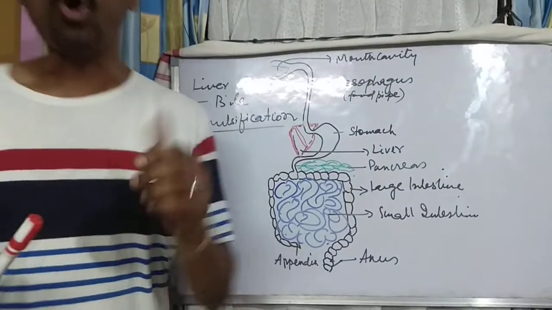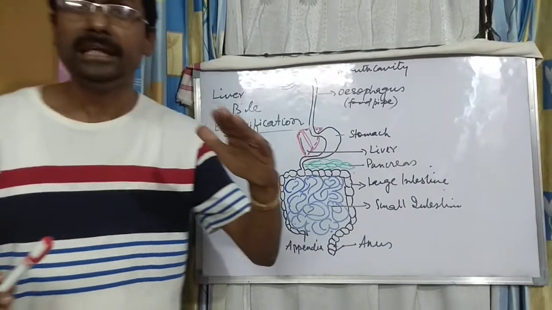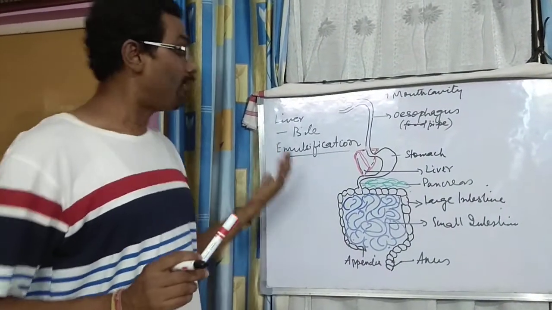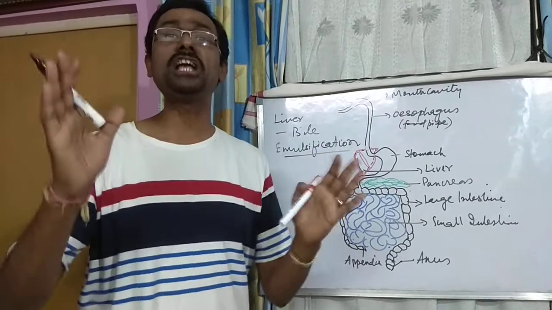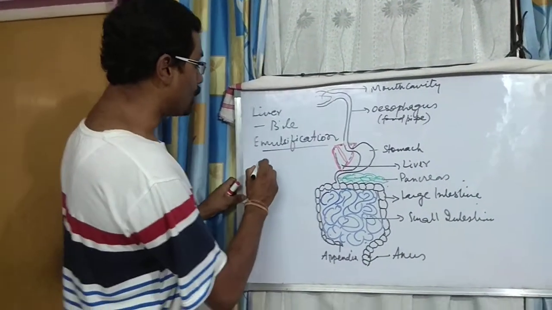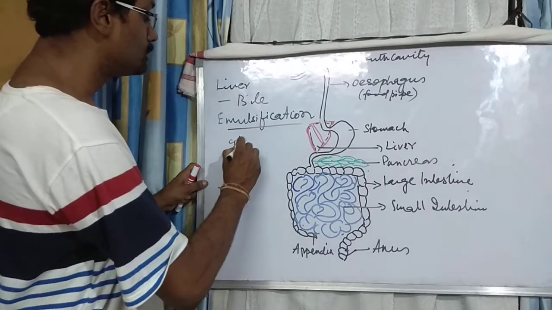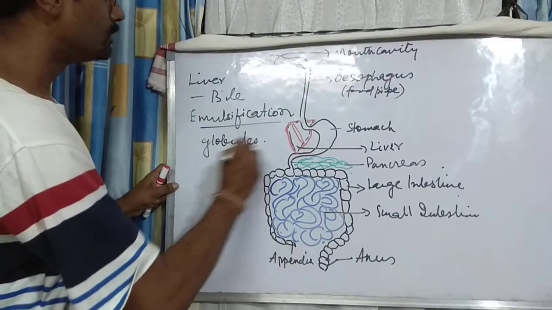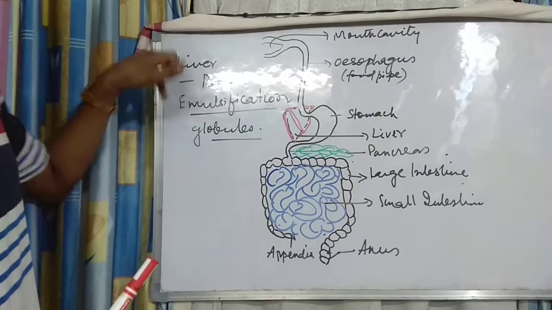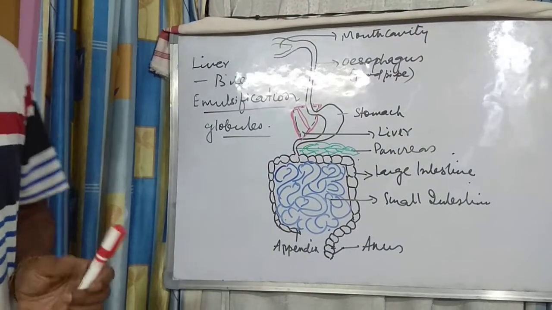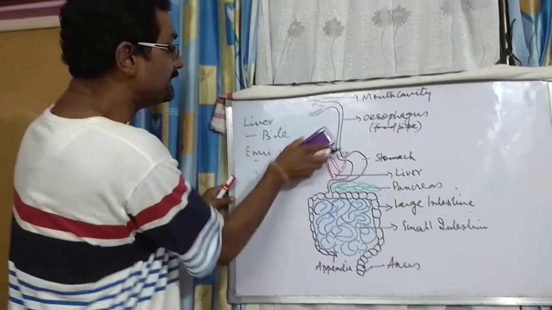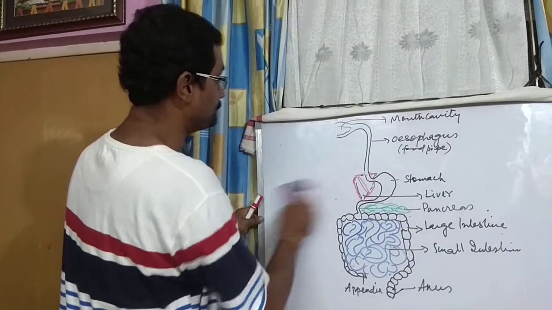When you put oil over the water, it remains floating. That is emulsion. Same is applicable here. You are finding emulsification of fats. The fats get converted to globules. So that is made easily by bile.